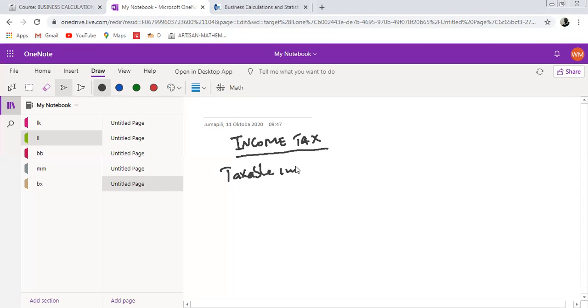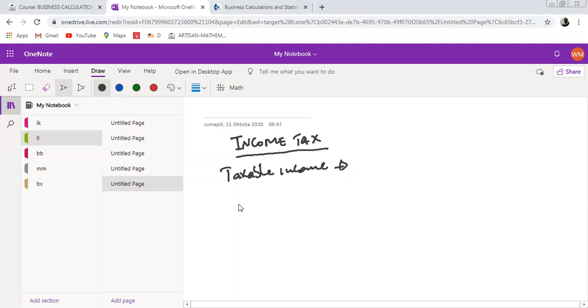The taxable income. This is actually the base on which tax is normally calculated. So the taxable income here means that the more income you earn, the more tax you are going to pay. And therefore, how do we get the taxable income? The more the income, the more the tax.